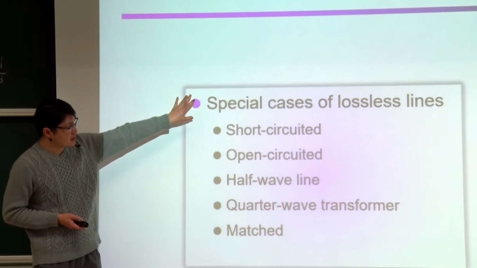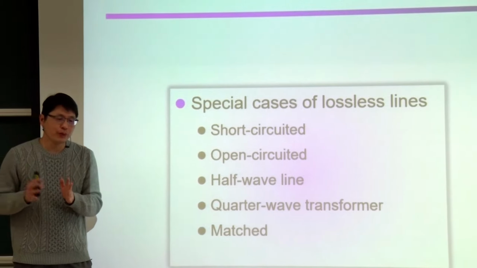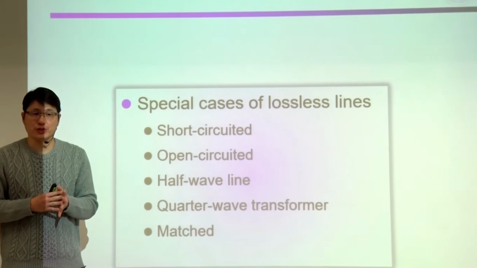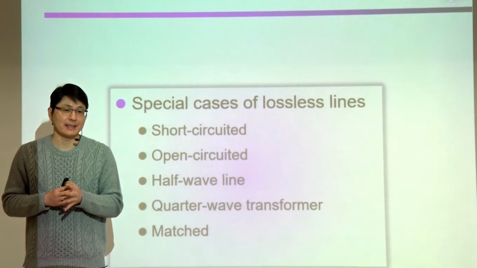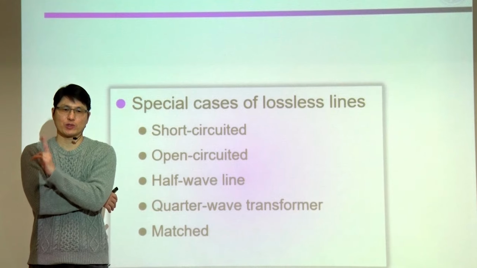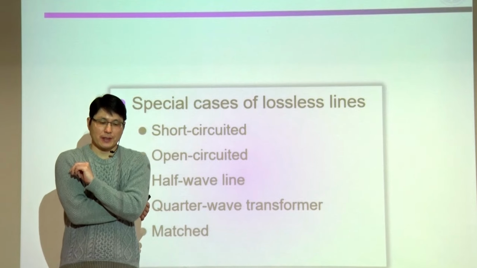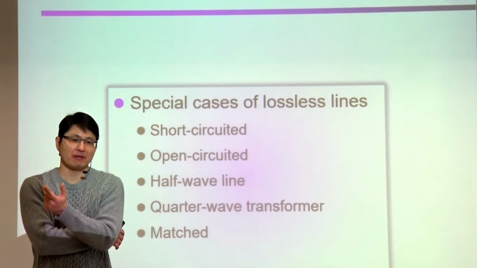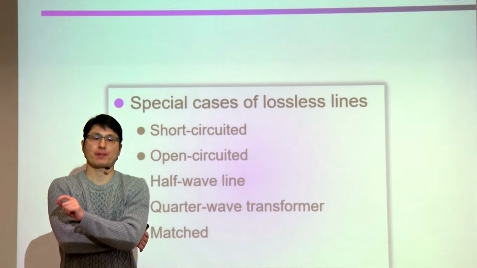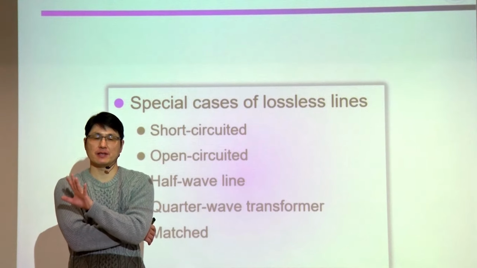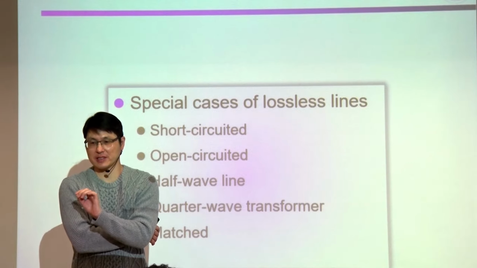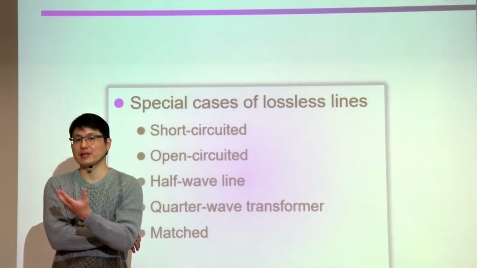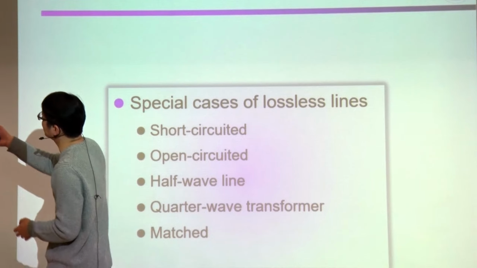So special cases, again, over the weekend, I have to thank one of the students who wrote me an email asking 2 questions. So the first question was, we talked about lossless transmission lines, right? We made the assumption the transmission line is lossless, and then we defined the reflection coefficient, right?